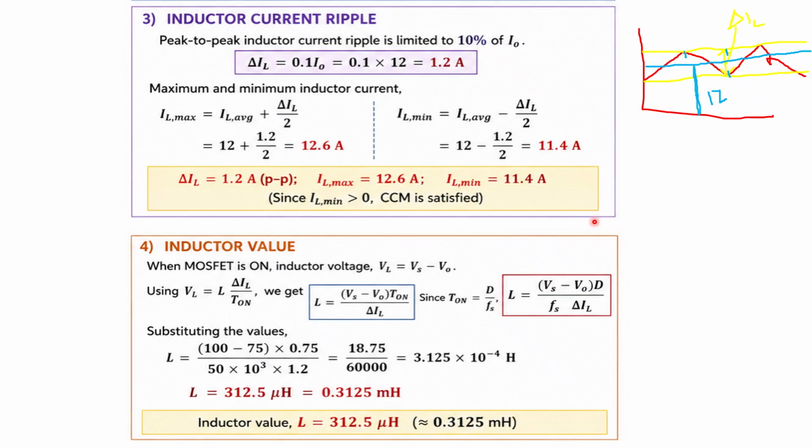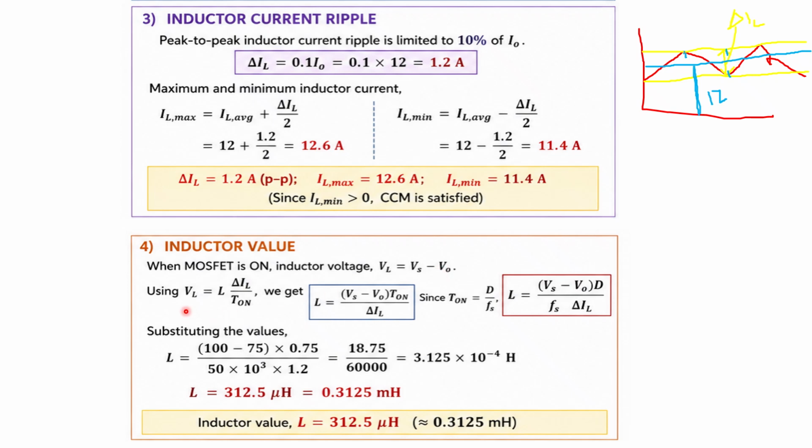Now you have to calculate the value of inductor. The value of inductor is represented in Henry. So how can we calculate the value of inductor? When the MOSFET is in on condition, as we discussed in the previous lecture, VL, the voltage across the inductor, is Vs minus V0, input voltage minus output voltage.